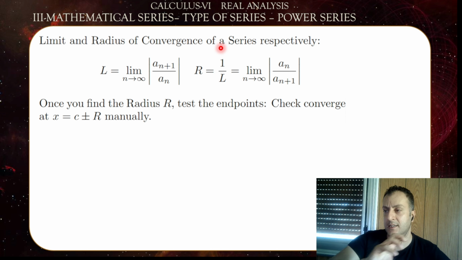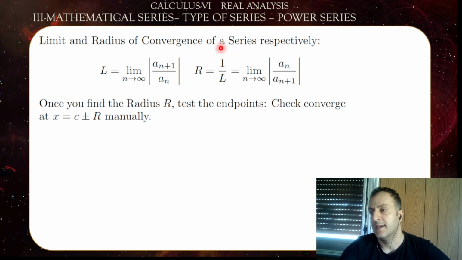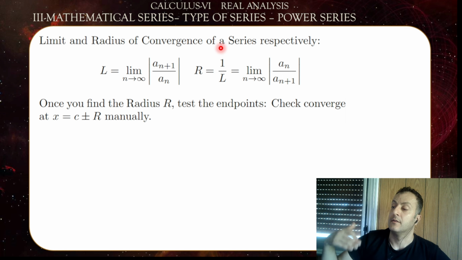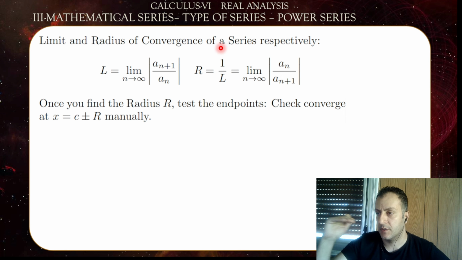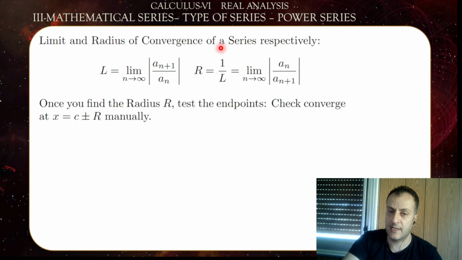The entire series, rather, is decaying. So when L is less than 1, we have convergence. L equal to 1, the test is inconclusive. We need further tests. And when L is greater than 1, it means that the subsequent terms are greater than the previous terms, so it is diverging. The entire series is divergent.